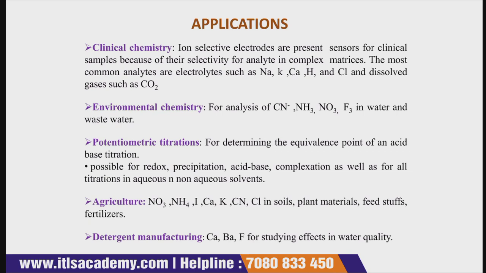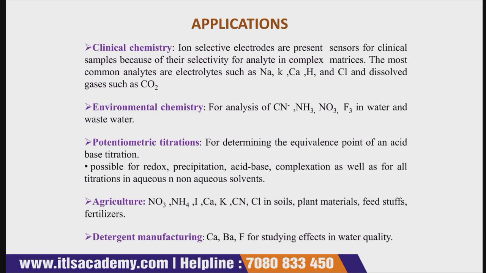The most common analytes are sodium, potassium, calcium, hydrogen, chlorine, and even dissolved gases such as CO2. Now, environmental chemistry: if you want to analyze different types of nitrogen and ions present in water, such as ammonia in water and wastewater.